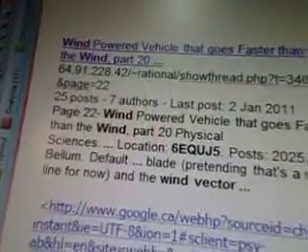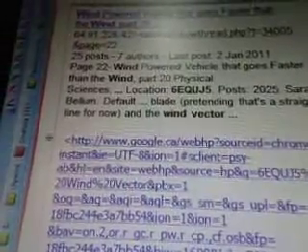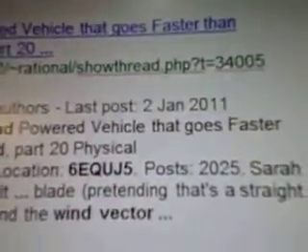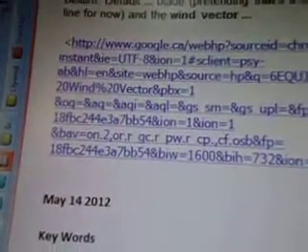So when I Google that, this is what I get. Something really cool, actually. A wind-powered vehicle that goes faster than the wind. Cool, eh? There's a 6EQUJ5 that comes up. Now, again, this comes up. Look at January 2011. The 6EQUJ5 alien radio signal is from 1977, over 35 years ago.